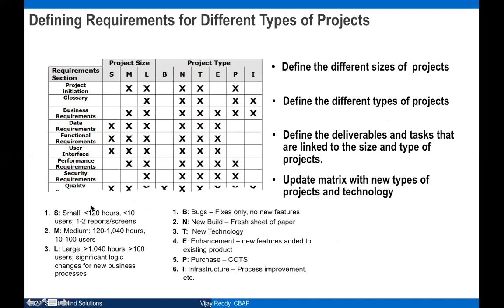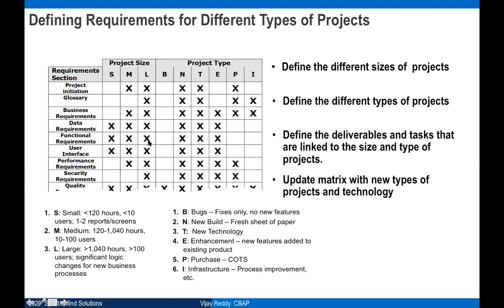Right? If it is a small project, less than 120 hours or less than 10 users, for these minimum data requirements should be there, functional requirements should be there, and user interface requirements or some non-functional requirements for quality, performance, security, all these will be there for small projects. If it is a medium project, like 120 to 1040 hours, then you should have all these.